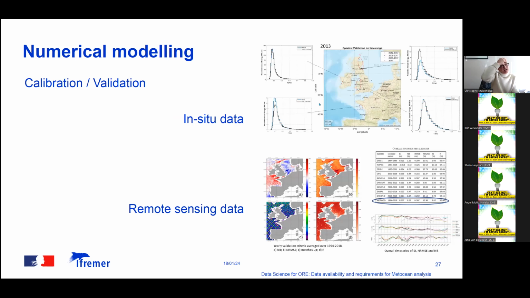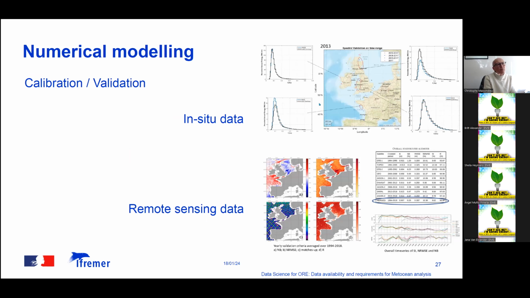As I said, calibration and validation of the numerical models is really crucial, and this is made against in situ data and remote sensing data. One issue here is the fact that we don't have many databases in coastal areas, in intermediate waters, I would say, or close to the shore.